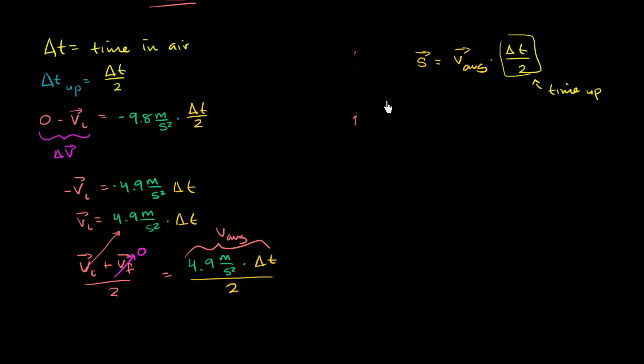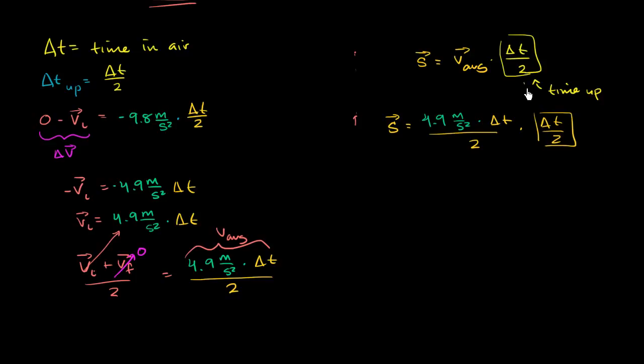So our maximum displacement is going to be our average velocity, so that is 4.9 meters per second squared times delta t, all of that over 2. And then we multiply it again times the time up, so times delta t over 2 again.